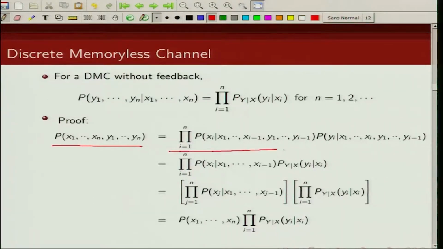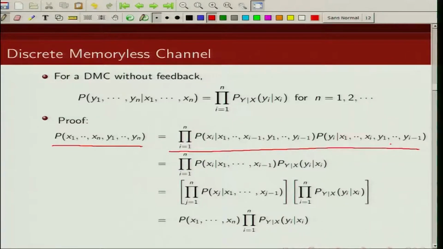This can be written as a product, i going from 1 to n, of the probability of xi given x1, x2, up to xi minus 1, y1, y2, up to yi minus 1, times the probability of yi given x1, x2, up to xi, y1, y2, up to yi minus 1.